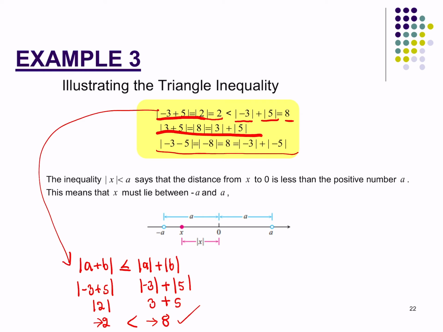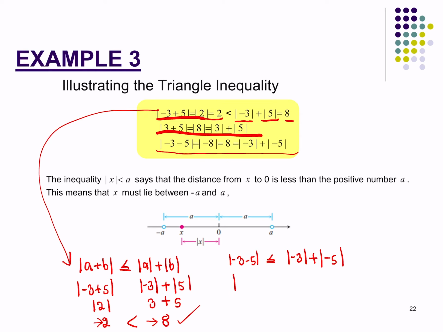And the last one that I want to emphasize: suppose you have the magnitude of minus 3 minus 5, and that should be less than or equal to the magnitude of minus 3 added to the magnitude of minus 5. Let's continue solving for the terms on the left side first.